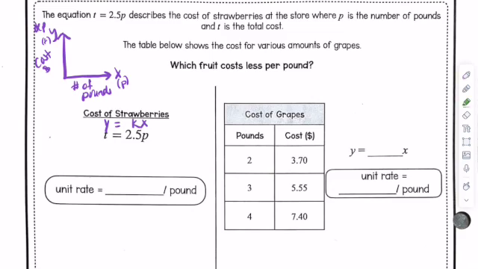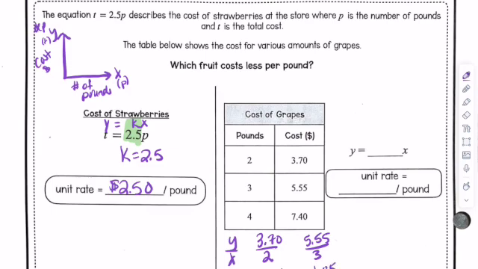Okay, so for the strawberries, for our equation y equals kx, remember the k is our unit rate. And so in this problem, k is 2.5, and so the unit rate is $2.50 per pound. For the cost of the grapes, remember that ratio is y over x, so we could have $3.70 divided by 2, which is $1.85. $5.55 divided by 3 is also $1.85, and $7.40 divided by 4 is also $1.85.